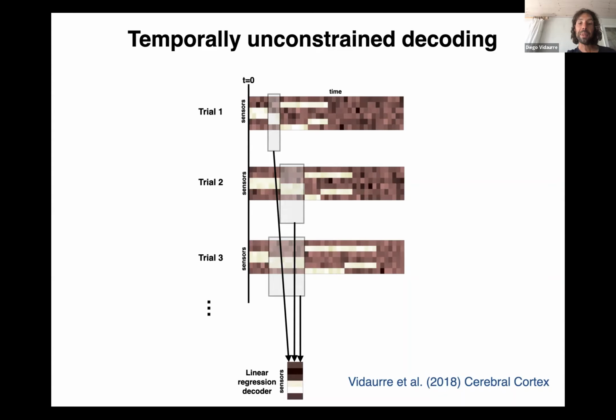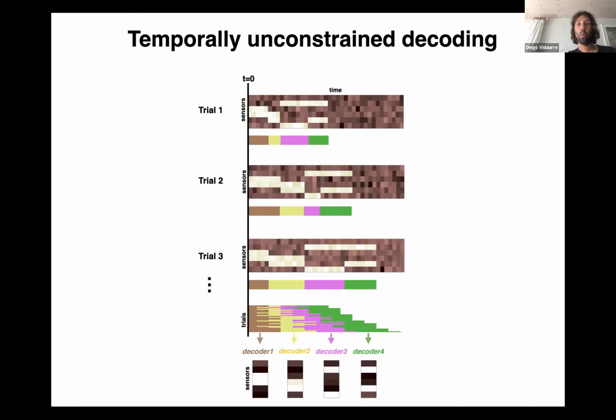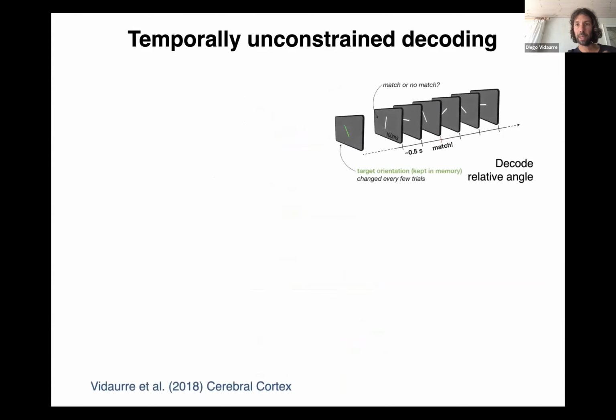So now when these decoders become active is data-driven. We have fewer decoders, and in exchange, we allow them to come on and off at different time points. So we are trading spatial parameters for temporal parameters. That's the trade-off. Is that clear? Because that's the key point of this. I'm going to present an example to make that clearer.